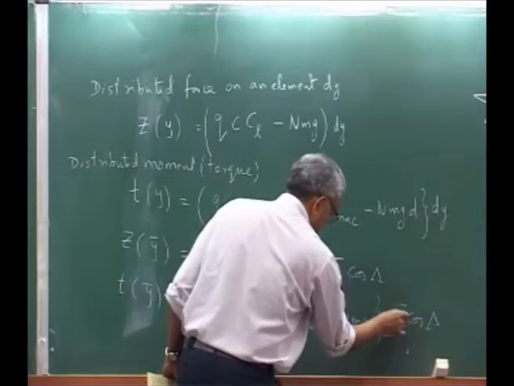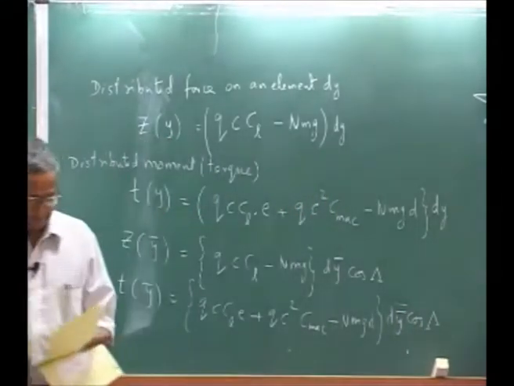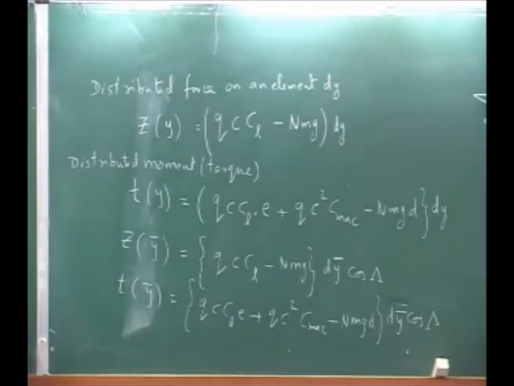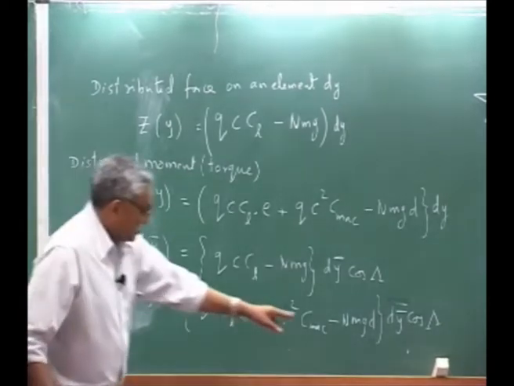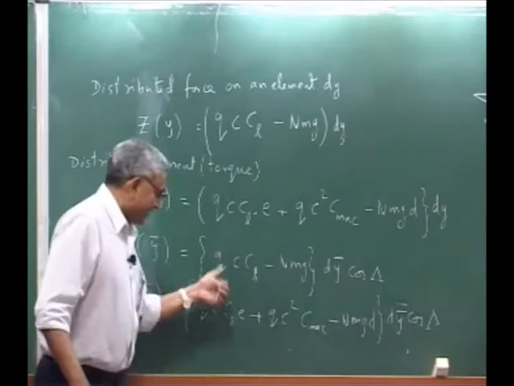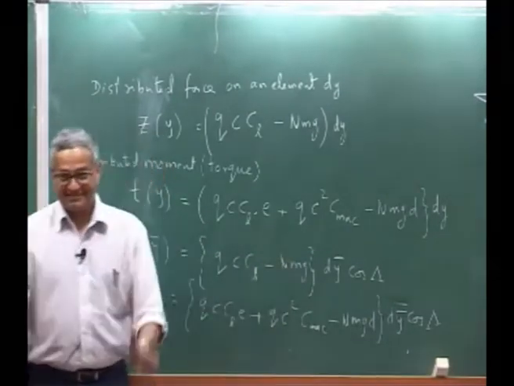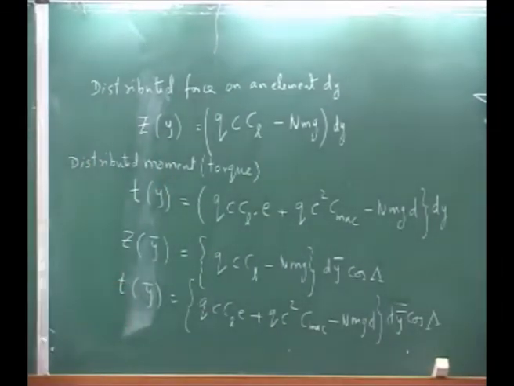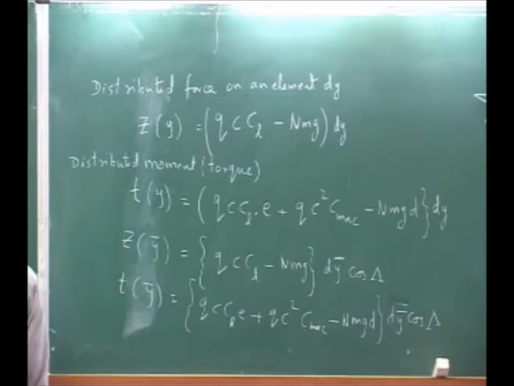Okay. Now please understand, again I am insisting that this is dy bar. These are all streamwise. In the chord-wise formulation, the whole thing will become along the chord. Okay. Now we have to write the equation for bending and torsion.